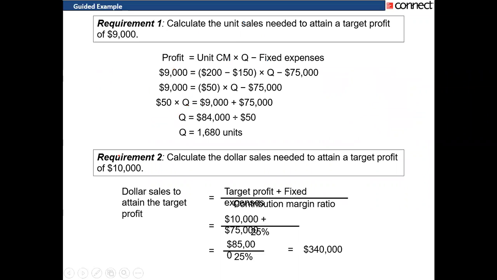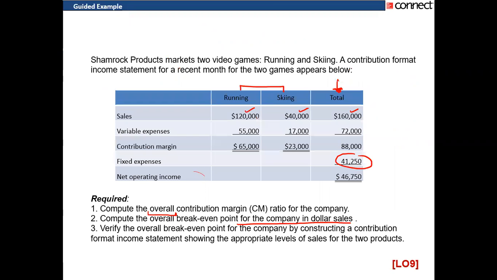So we have solved requirement 2. Now, number 3: verify the overall break-even point for the company by constructing a contribution format income statement showing the appropriate levels of sales for the two products. What has been asked in this long question? The purpose is to verify the break-even point.